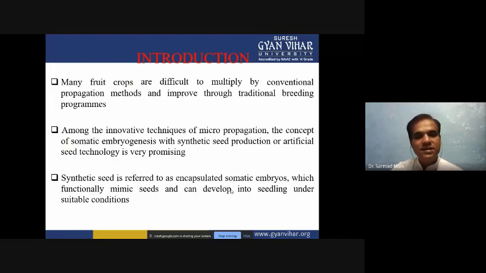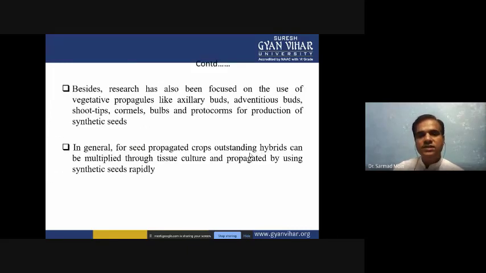Research has also focused on the use of vegetative propagules like axillary buds, adventitious roots, shoot tips, cormels, bulbs, and protocorms for production of synthetic seeds.